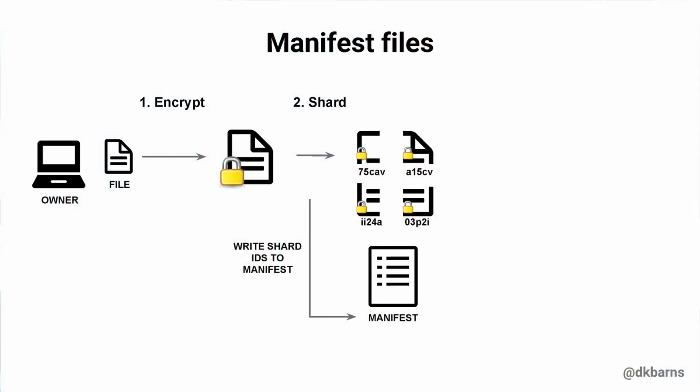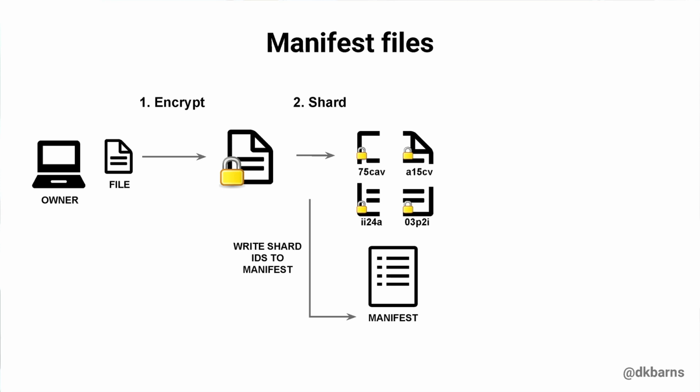We now can't guarantee the order of the content when we pull it back down. We've disassociated the name from the content itself. So if we dealt with multiple files, it would be completely unfeasible. So we're going to have to think of a way to organize that better. We're going to do that with a thing called manifest files.